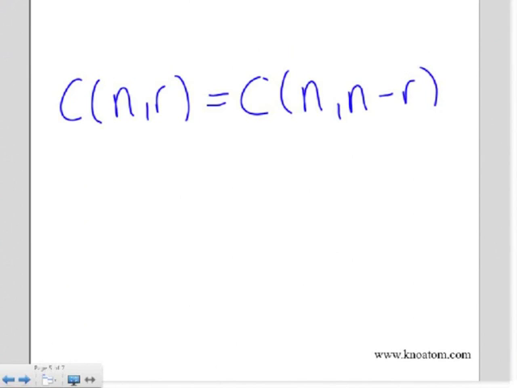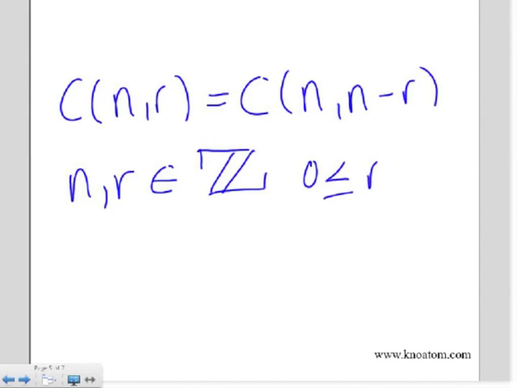So first off, we're going to say that we have, for all integers n and all integers r where r is between 0 and n, a set S that has n elements.